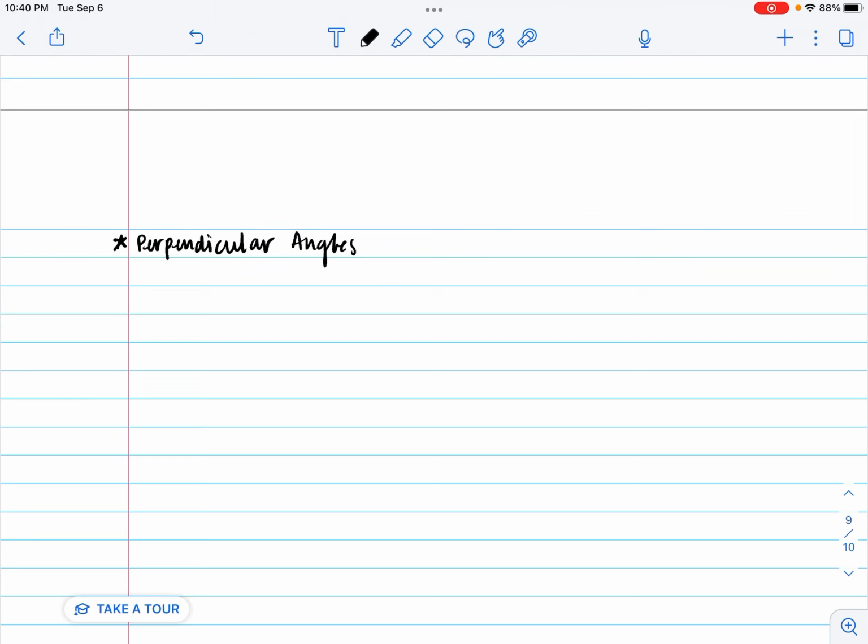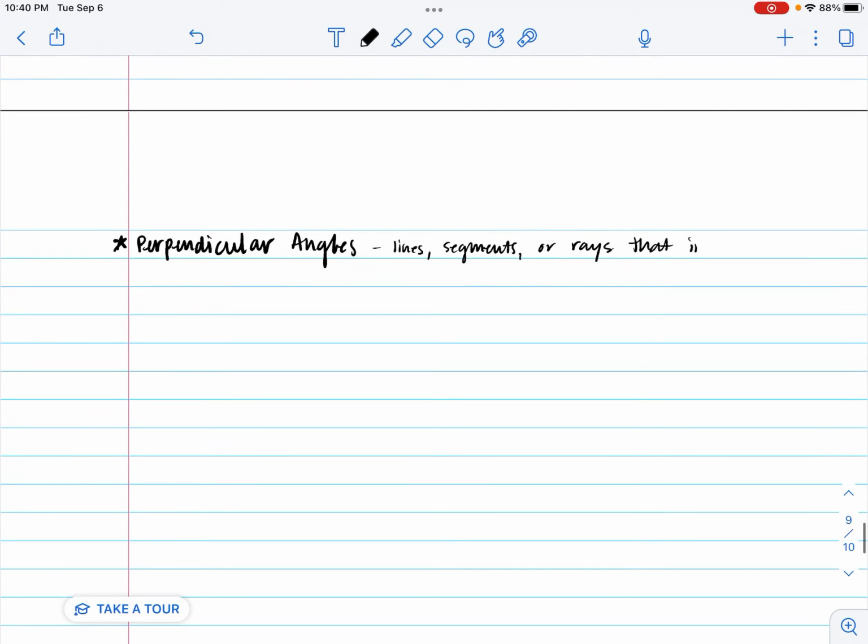And they are when we either have lines, segments, or rays that intersect. So just like vertical angles, but they intersect very specifically, that intersect and form right angles.